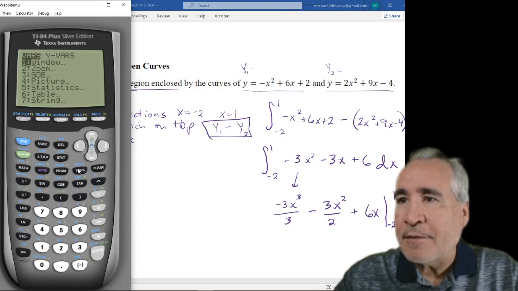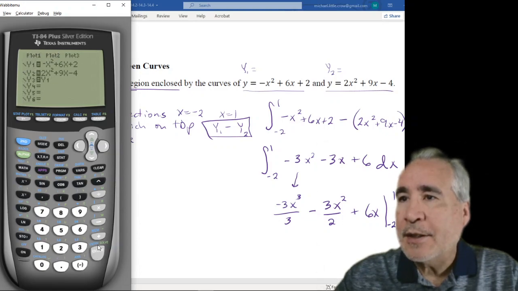So notice I hit the vars key, variable key. Go over to y vars and function, and the first one I want is y1. Then I can subtract. I hit the vars key again, y vars function. Now I go down to y2. So I'm going to take y1 minus y2.